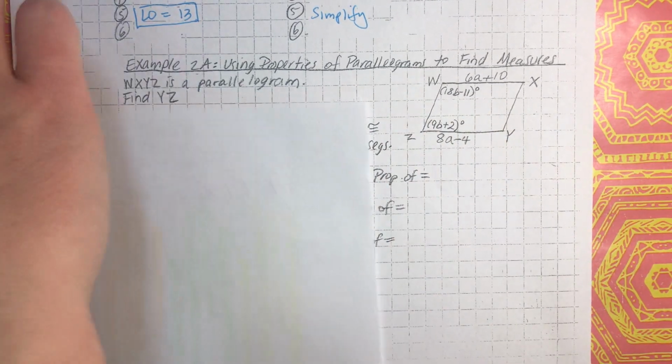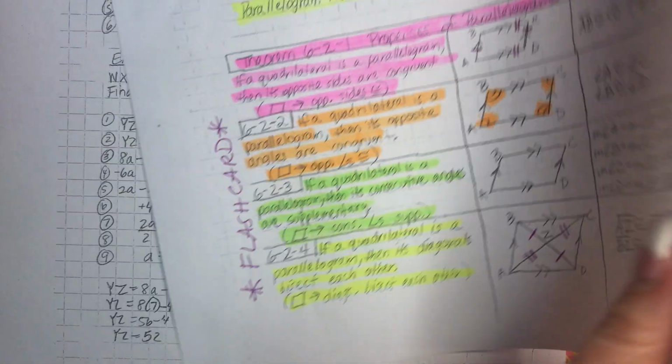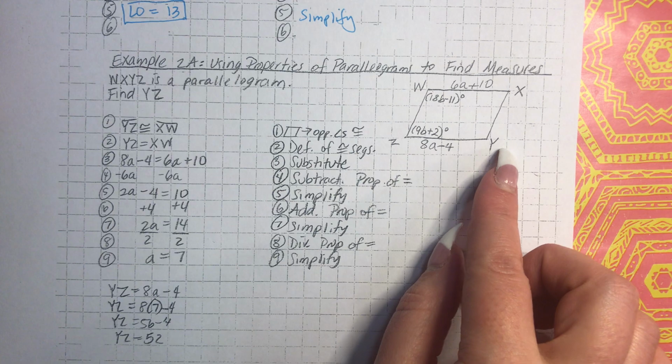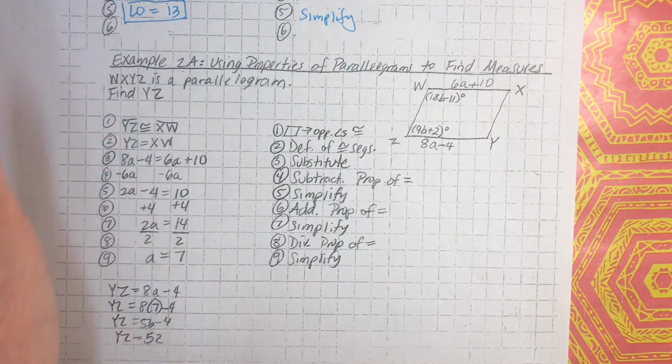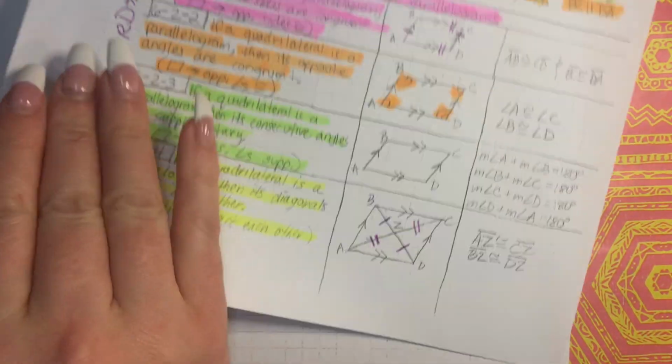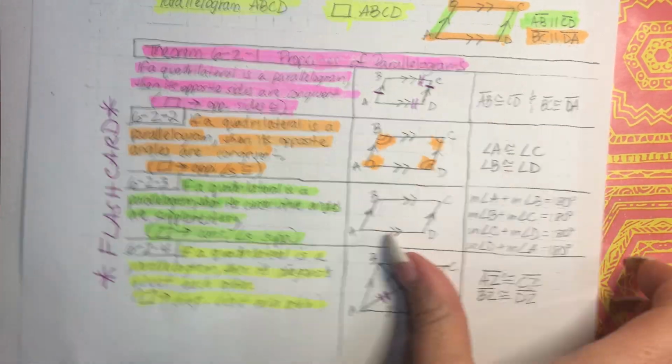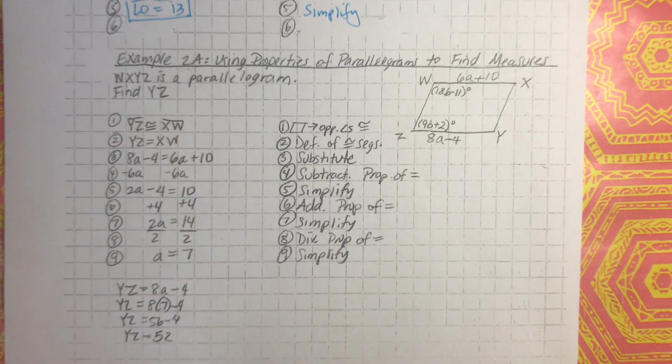So it's a parallelogram that opens the door to these 4 lovely theorems, right? If they want us to find YZ, which is a side, which of these theorems will be used? Since we have a side, we're probably going to be using this: opposite sides are congruent, right?